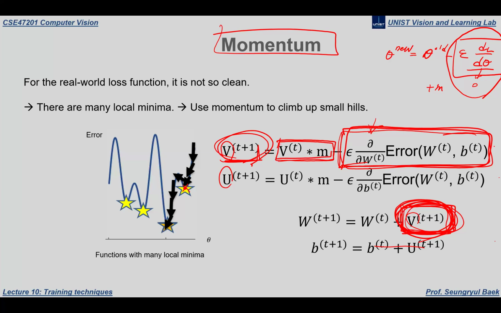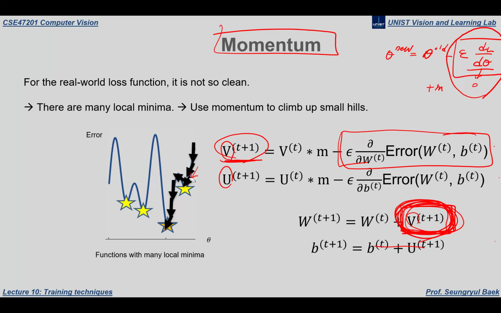They want to somehow accumulate the values here with some ratio, okay? And by doing that, this is somehow accumulating some speed used in previous steps.